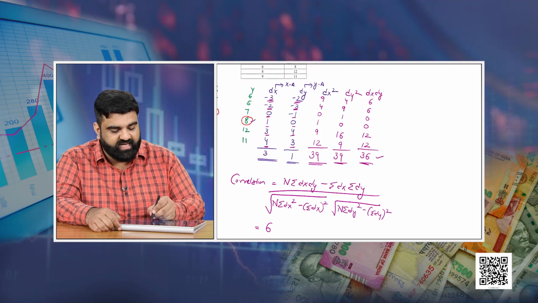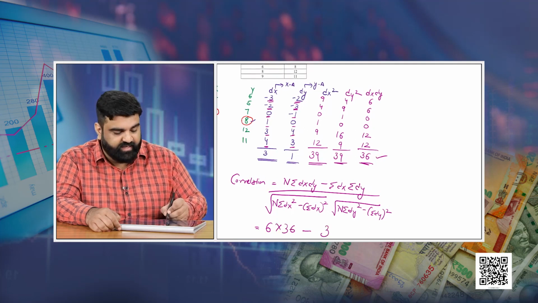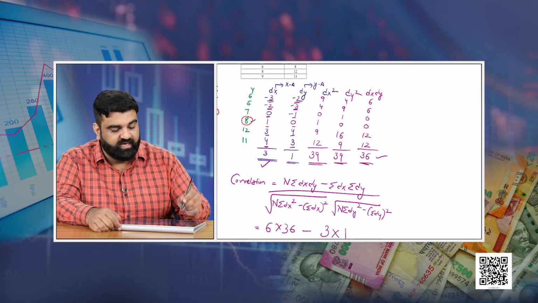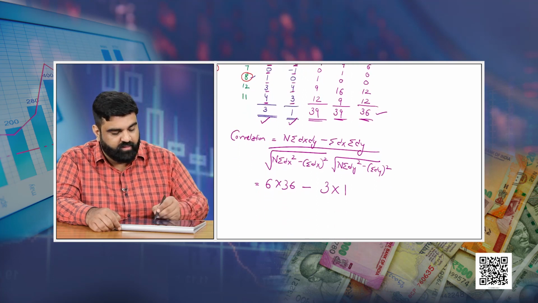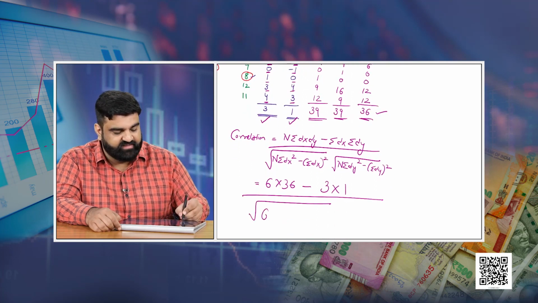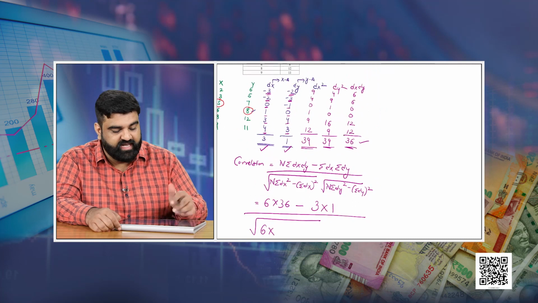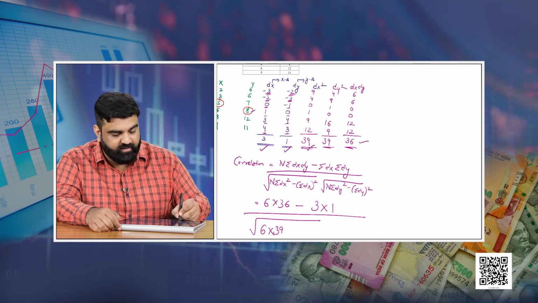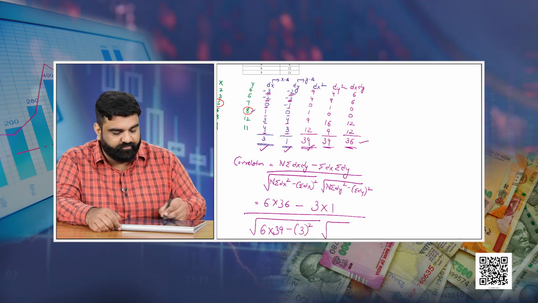The total to dx into dy is 36 minus 3 into 1, because the total to sigma dx was 3 and total to sigma dy was 1, upon number of items is 6 into sigma dx square is 39 minus sigma dx the whole square. So, 3 square.